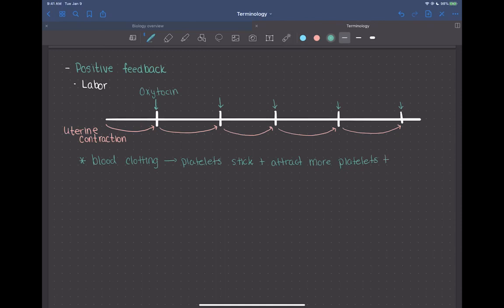And then that keeps building until you form a nice stable clot. Those are two examples of positive feedback. Again, not as common because they're not restoring homeostasis. So this would move away from homeostasis. We're definitely not bringing back to a set point.